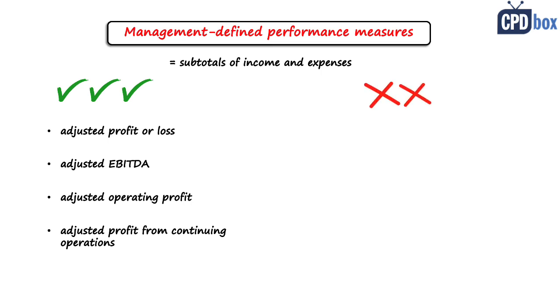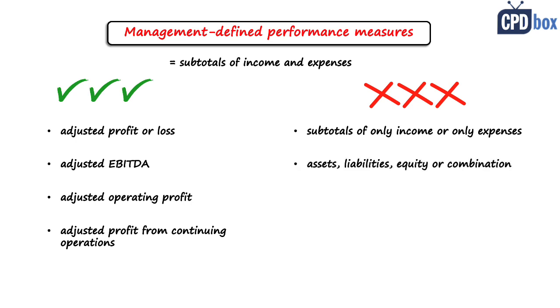What are not MPMs? Well, subtotals of only income or only expenses, as MPM is really on a mixed basis, income and expenses. Then assets, liabilities, equity, or combination of those. Financial ratios like return on assets, because this measure is mixed, contains also assets, not only income and expenses.